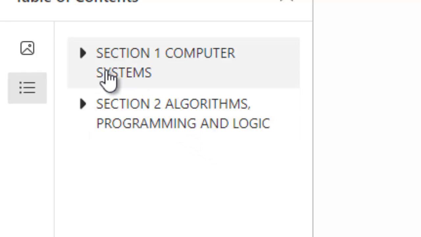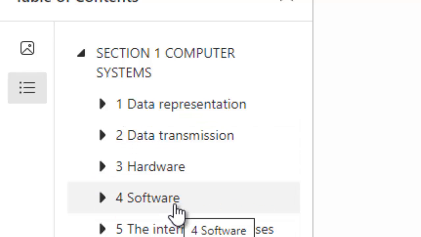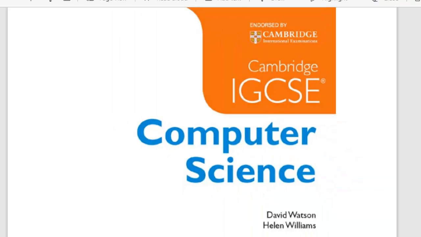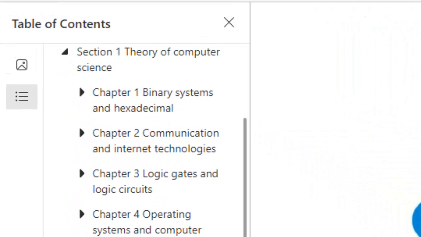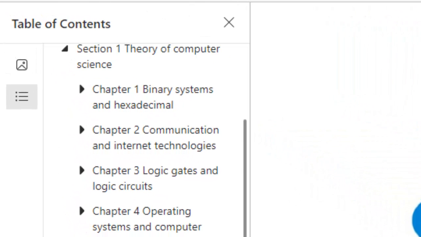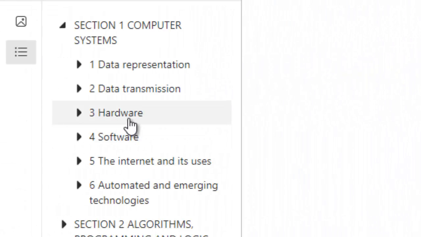Now let's click on section 1 and explore this content. This time we have 6 chapters in paper 1. Earlier it was 8 chapters, but this time we have only 6 chapters. Chapter 1, data representation, data transmission, hardware, software.